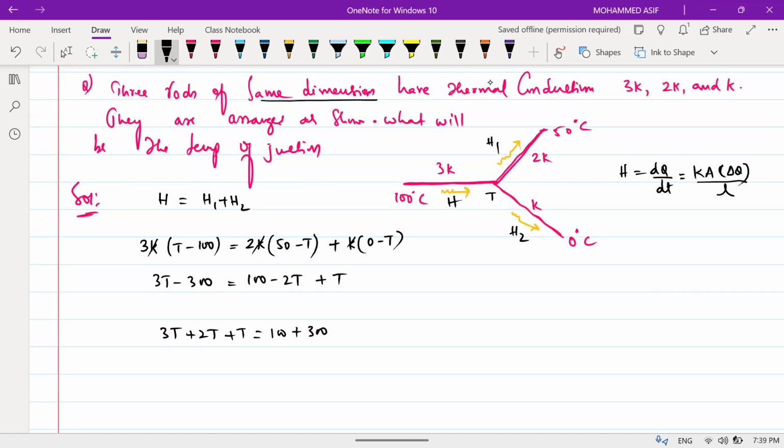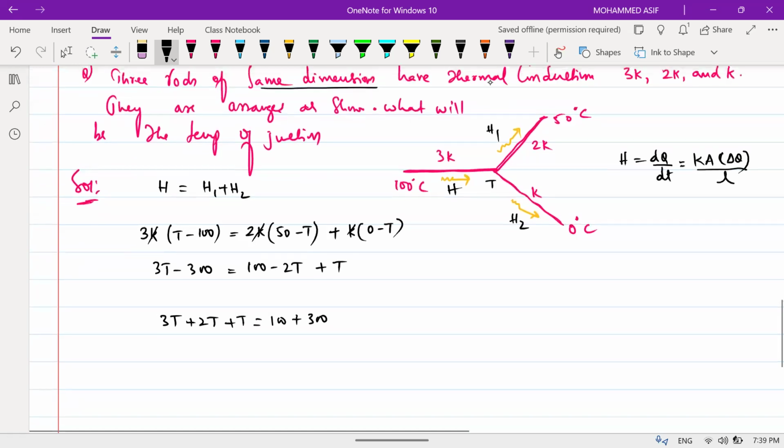Clear? Sir, minus T, which one? After this, equals 100 minus 2T plus T, no? Then minus T here. Yes, this will be minus T. So minus 300 goes to this side, and this equals 100. Minus 2T will come here, this one is plus. So this will be equal to how much?